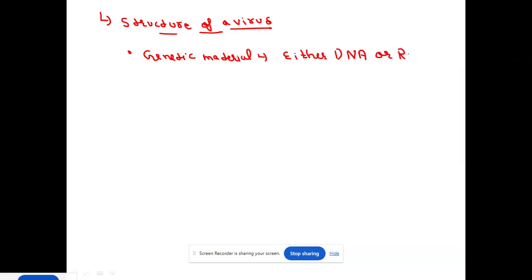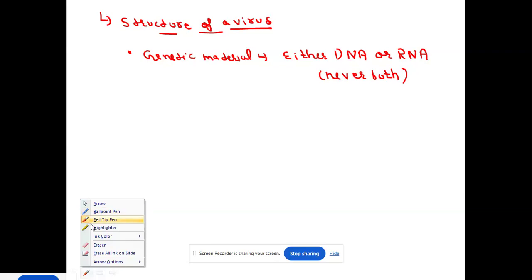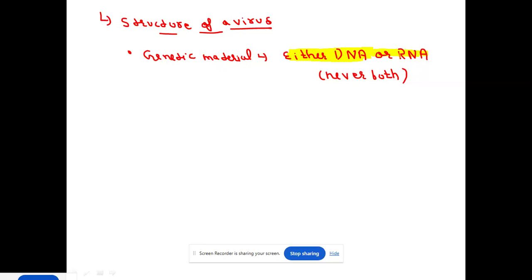Remember, genetic material in case of the virus can be DNA or RNA, but never both. Okay. So I repeat again what I'm saying. Genetic material can be either DNA or it can be RNA, but never both. Means a virus can have either DNA or RNA as its genetic material.